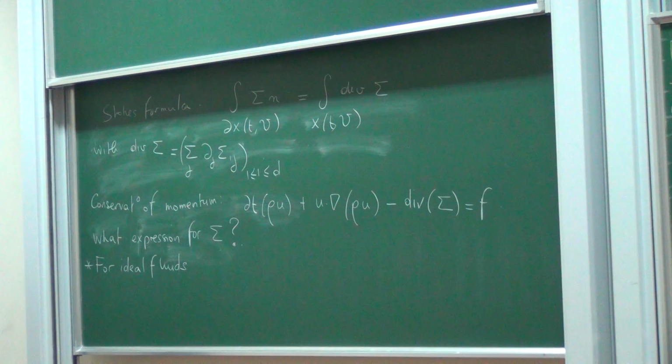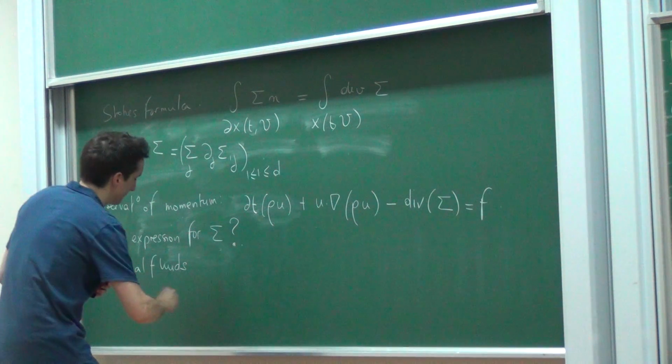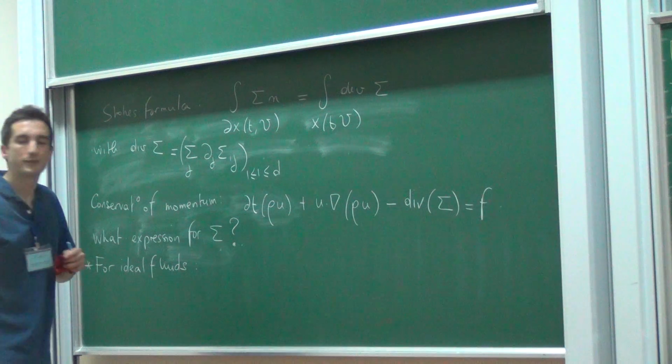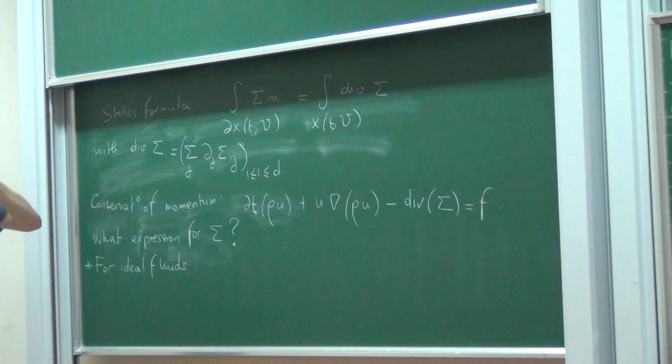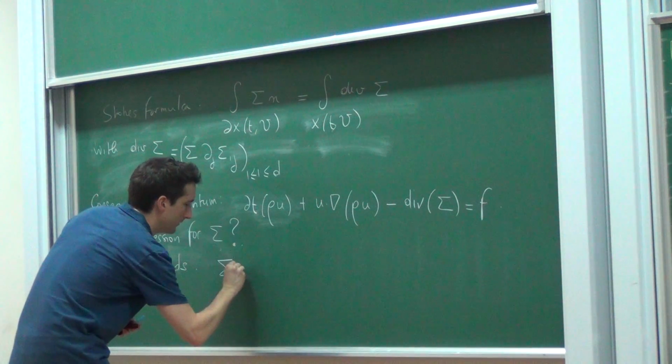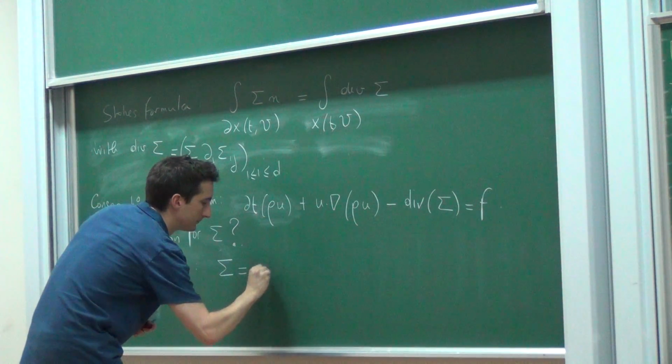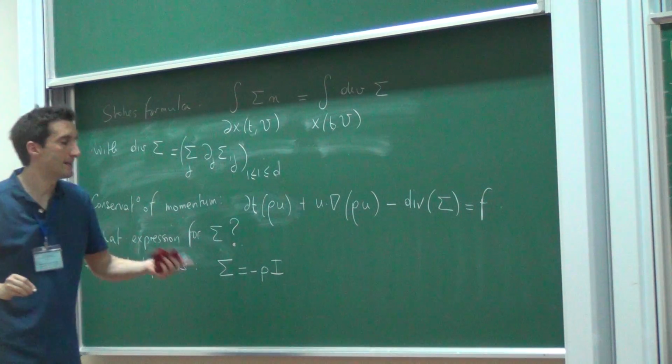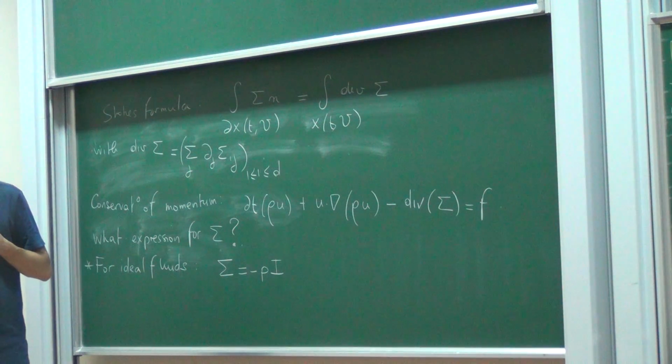When you neglect viscosity, you say that the only forces on a little volume of fluid are normal forces, okay? And you will say that sigma n will be proportional to the normal.